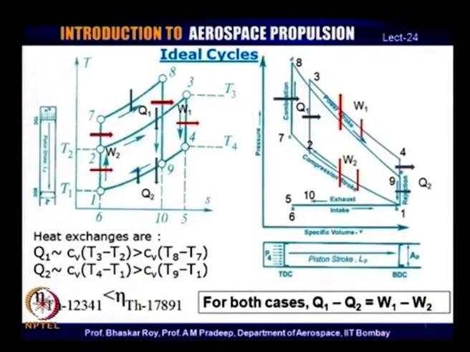We have seen that if you have, let us say, two different cycles, ideal cycles at this moment, let us just consider simple ideal cycles. If you have two different cycles given by, let us say, 1, 2, 3, 4, 1, and then the other one which is 1, 7, 8, 9, 1.